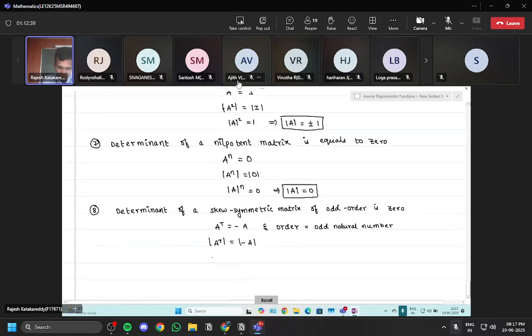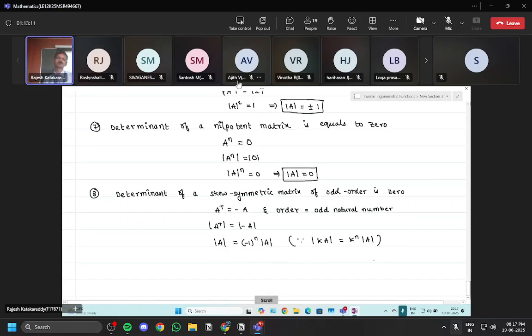So this becomes determinant of A is equals to determinant of minus A. Now, another property we have learned, determinant of a scalar into matrix is equals to scalar power n into determinant of A, that is, minus 1 power n into determinant of A, since determinant of k into A is equals k power n into determinant of A. I hope everybody understood this point.